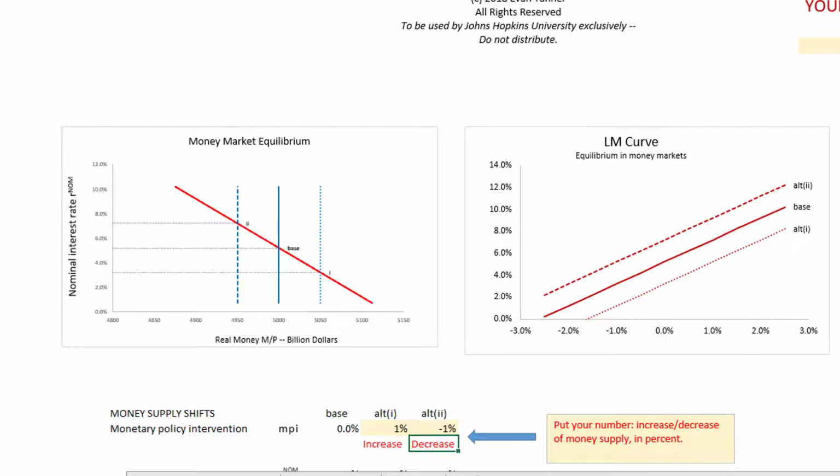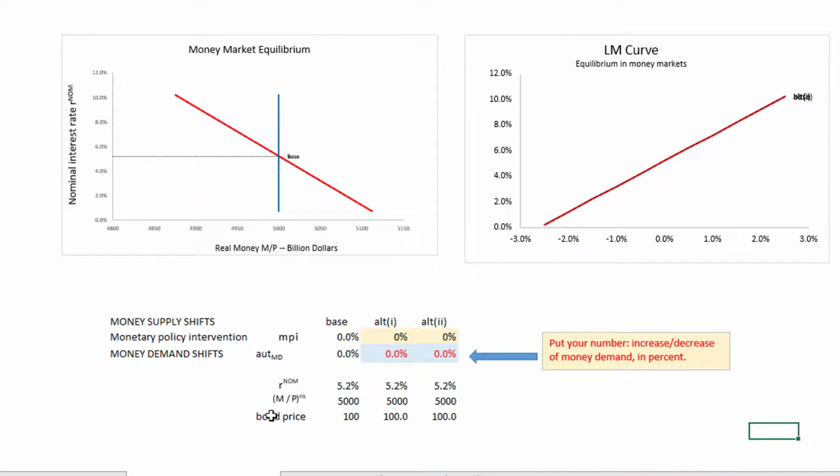There's one last little experiment that you should know about, and that is that, importantly, money demand can shift for reasons other than income. We call these autonomous shifts to money demand. Central bankers like to think that on a day-to-day or a month-to-month basis, there are fluctuations in the liquidity requirements of firms.